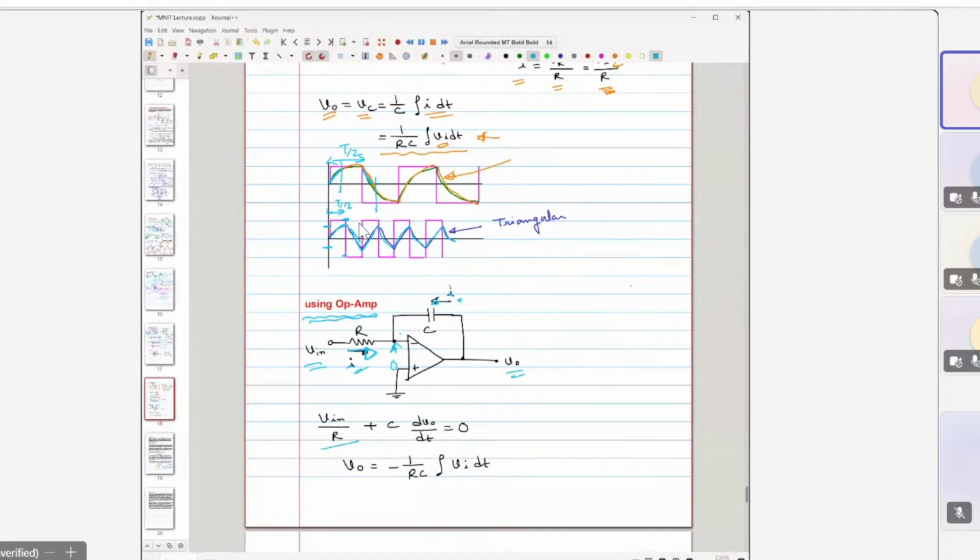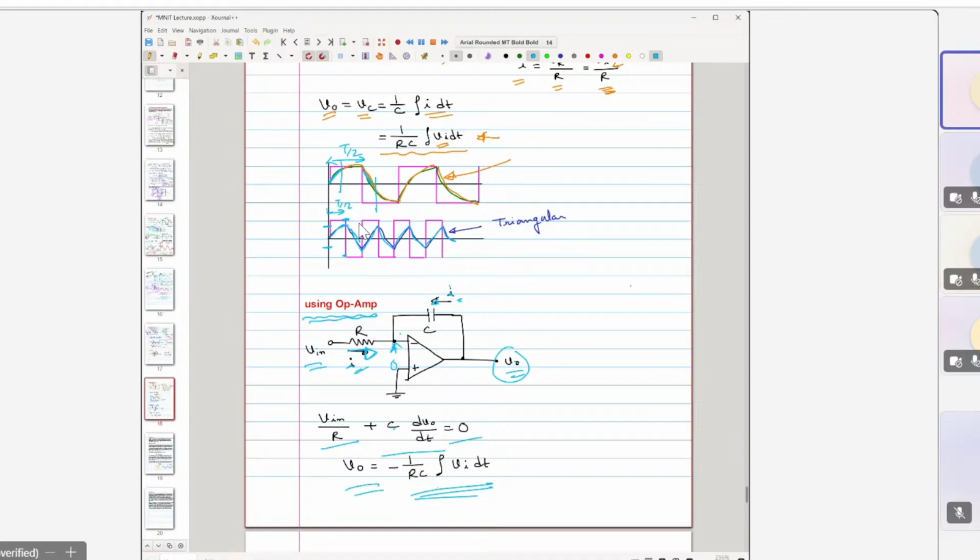So V in by R is the same current. What is the current flowing through the capacitor? We know the voltage here is V naught, so it is C into d(V naught minus 0) by dt, and that is equal to this. Then from here you will get the V output expression equal to minus 1 by RC times the integration of V in dt.